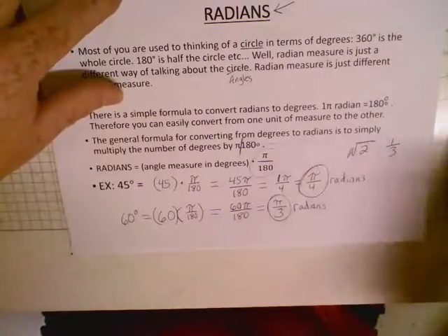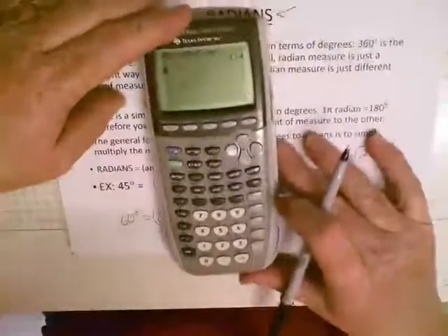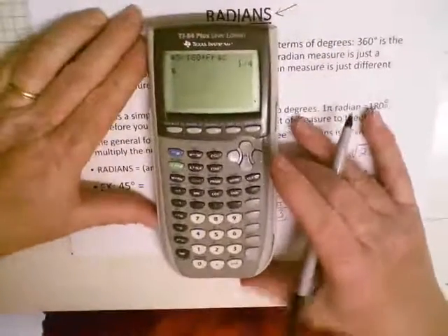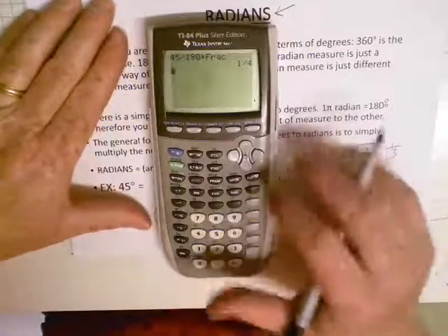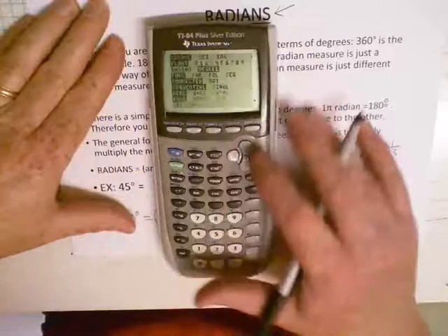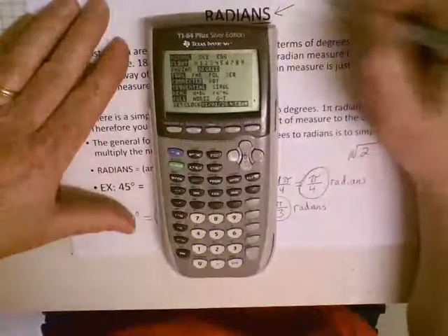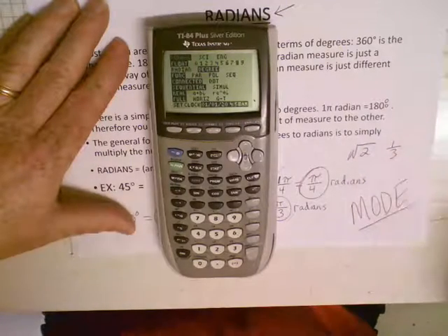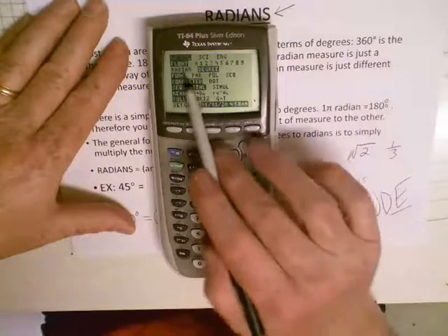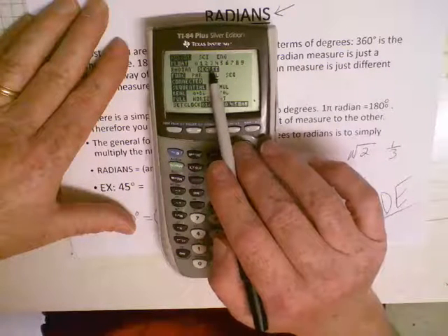The reason I'm telling you this is on your calculators, and make sure on all of them, I'll show you on the other one, on the smaller ones too, what we're getting ready to do, you have to make sure that you go into the mode button. So go to mode and make sure that your calculator, you see right here, this third line down, mine is on degrees.